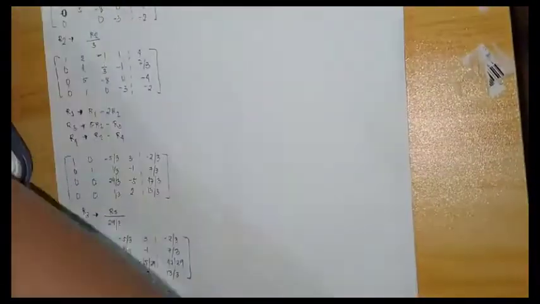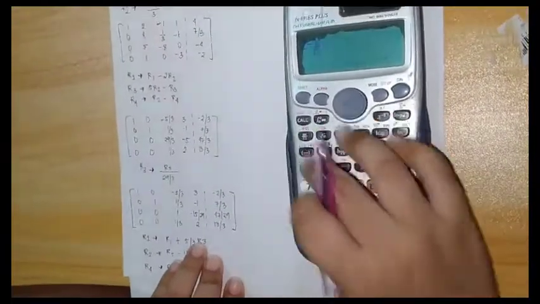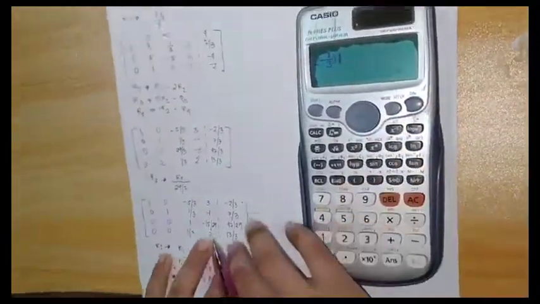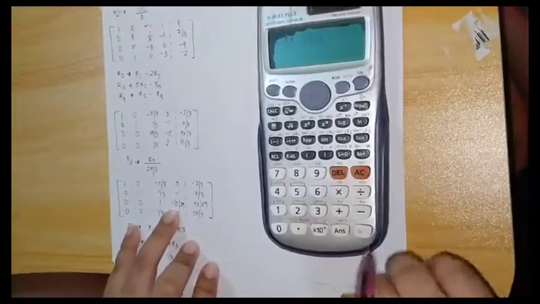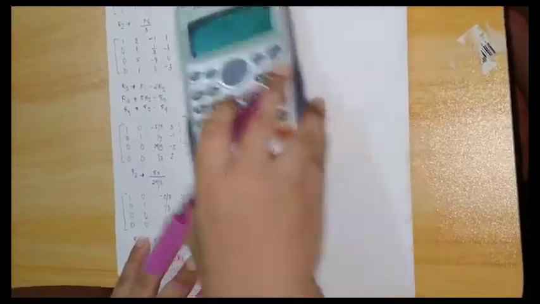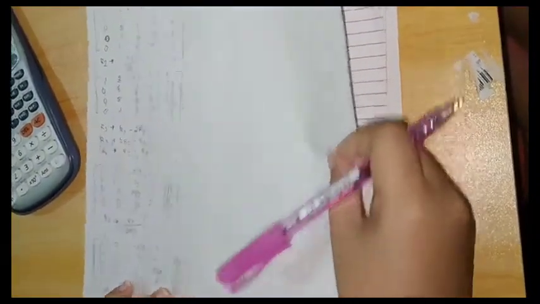The next column, 2 minus 1/3 times negative 15/29, gives 63/29. So we have 63/29.